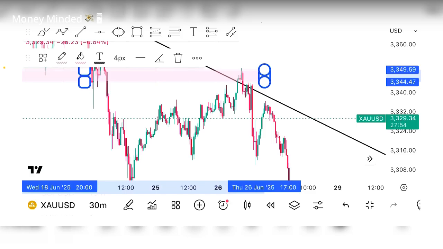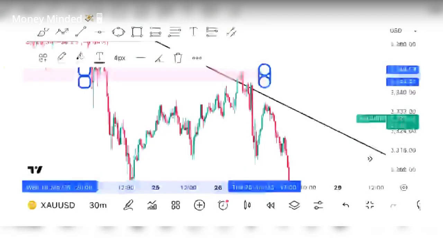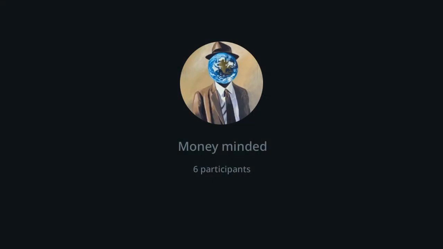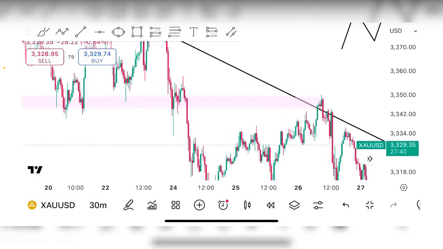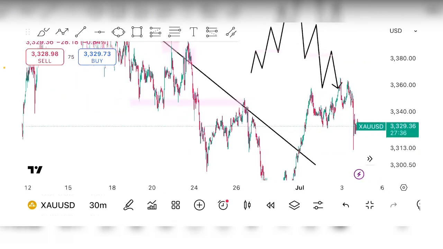That is very, very important. If it does not match with the trend line, wait till it gets to the trend line. Once it gets to the trend line, then you can start taking your sell.